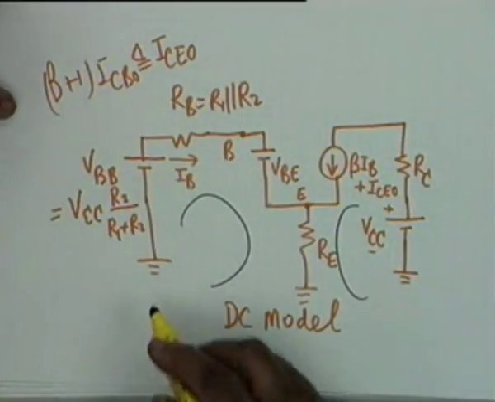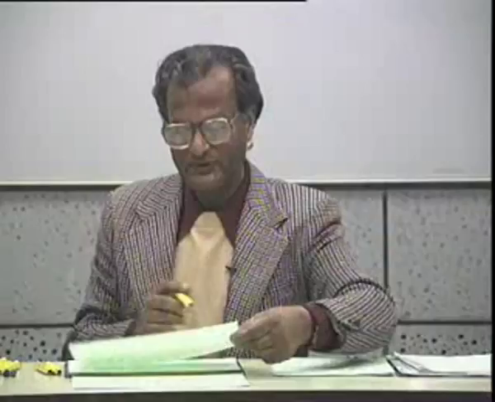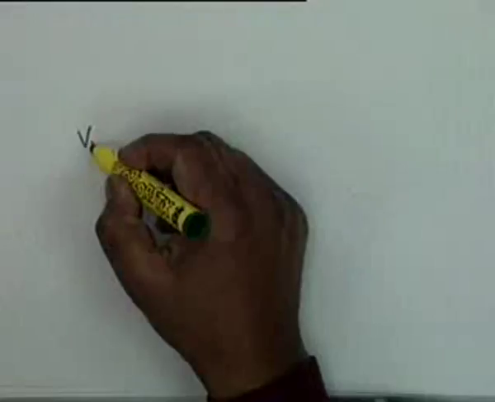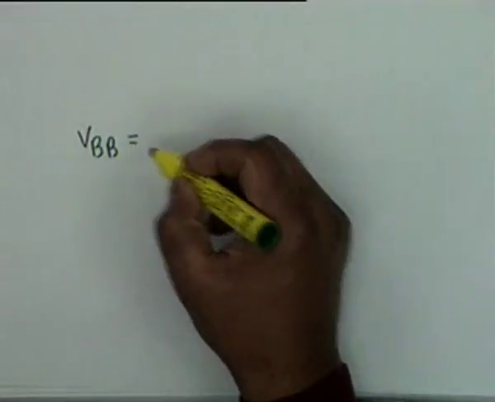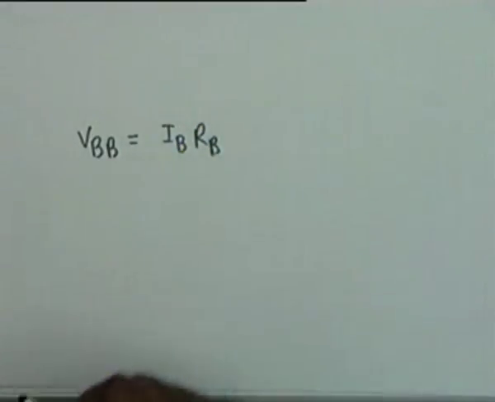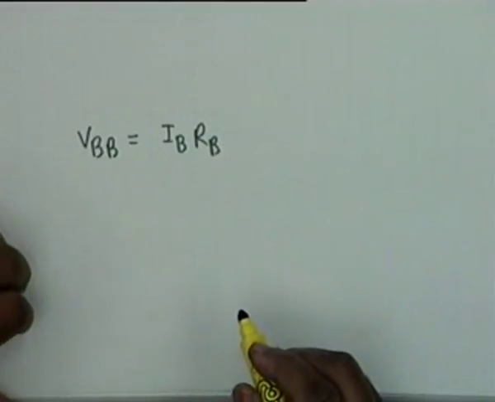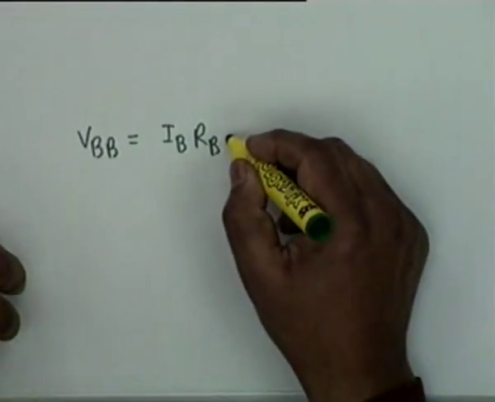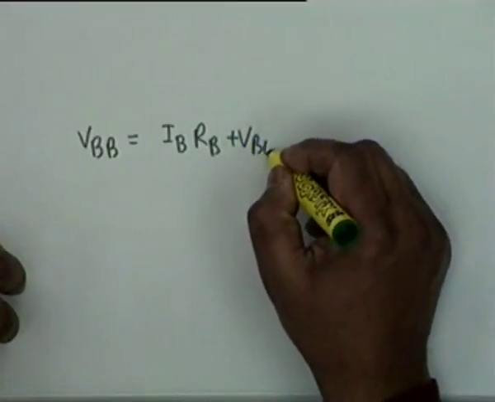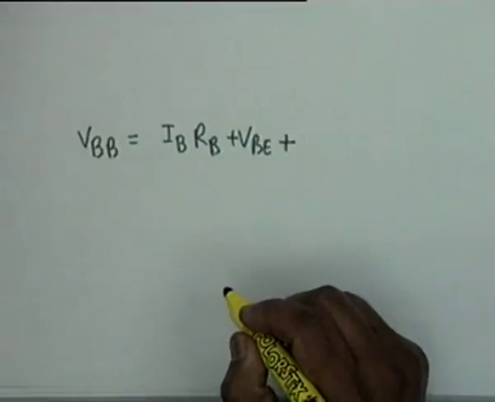Okay, let's look at the first loop, the loop to the left. You notice that I can write VBB as equal to I sub B times R sub B. This is the drop in the resistance RB, which is the parallel combination of R1 and R2, plus VBE plus the current through RE. Let's look at this current.